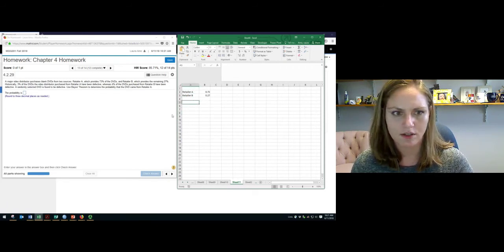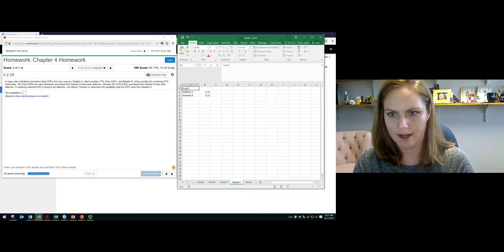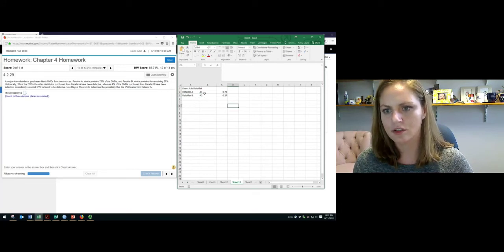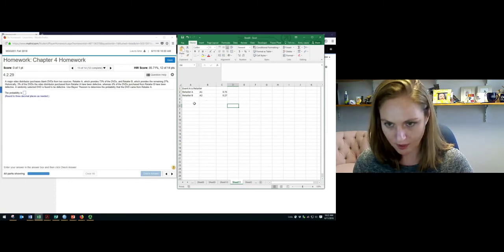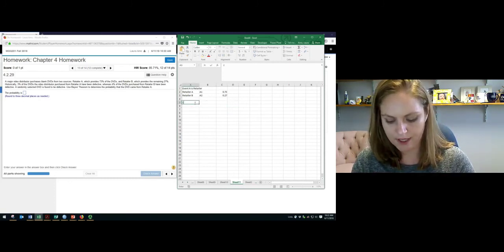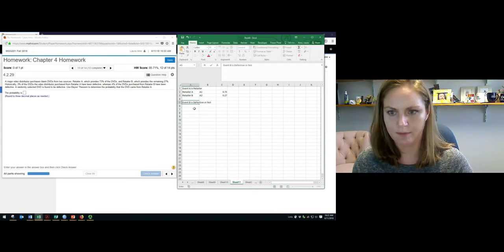I'm going to change this a little bit, because I'm going to call the retailer the event A. So retailer A is going to be event A1, and retailer B is going to be A2. This is consistent with the formulas that we've been using in lecture. Event B then is whether or not it's defective.